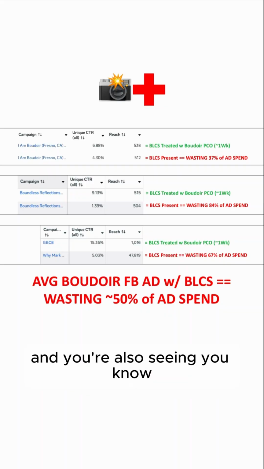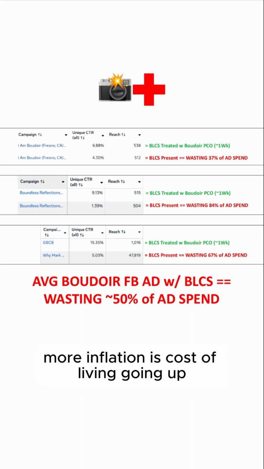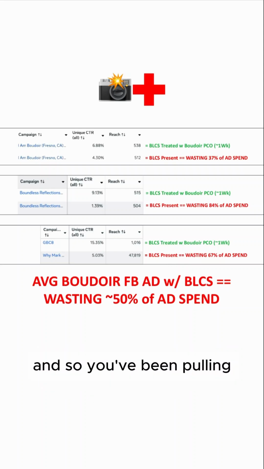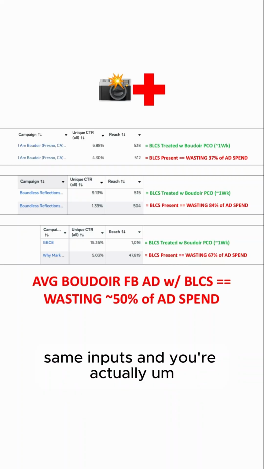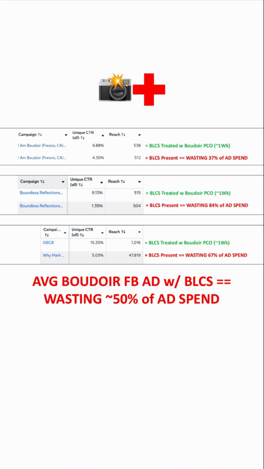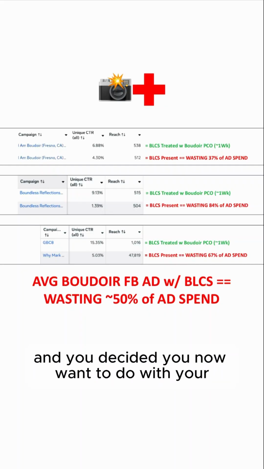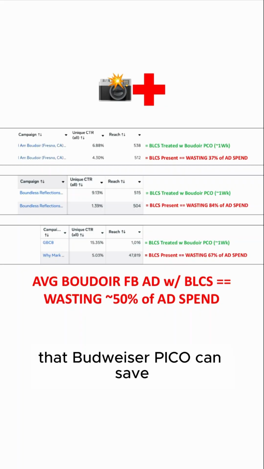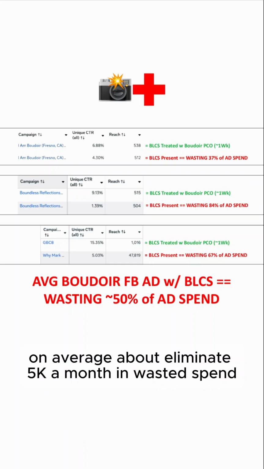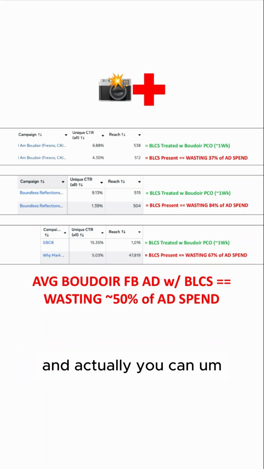And you're also seeing more inflation, cost of living going up. So you've been optimizing other parts of the business, pulling more profit out of the same effort, the same inputs. And you've decided you now want to do it with your Facebook ad portion of the business, because you've seen that Boudoir PICO can save, on average, about 5K a month in wasted spend.